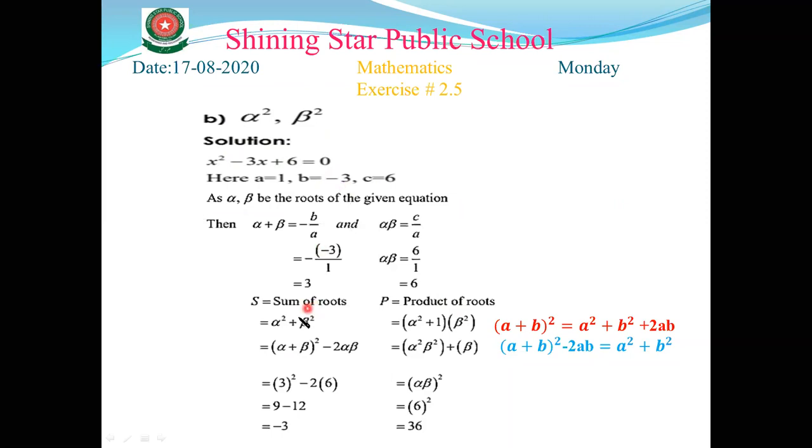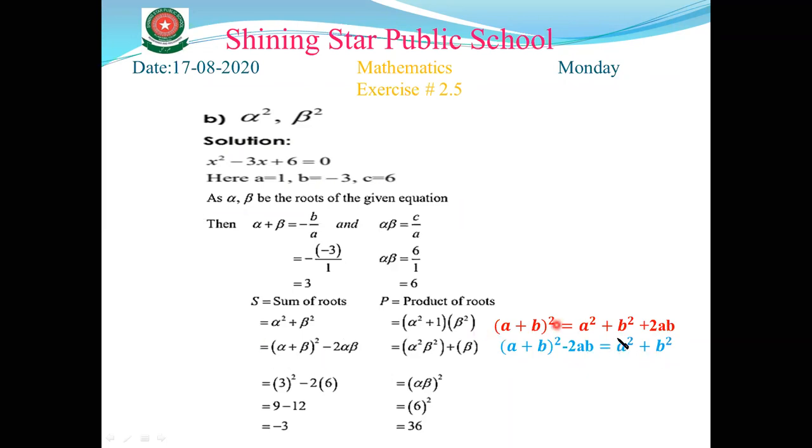So here is alpha square plus beta square. It means when we have a plus b whole square is equal to a square plus b square plus 2ab, and we have to find a square plus b square. So we take plus 2ab to the left hand side. It becomes a plus b whole square minus 2ab is equal to a square plus b square. So very simple.